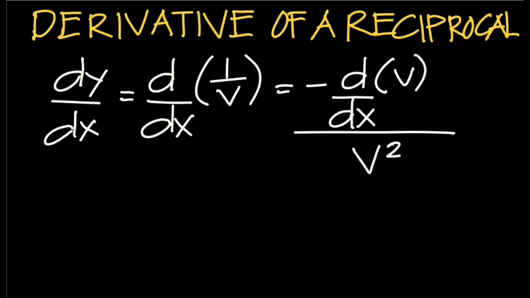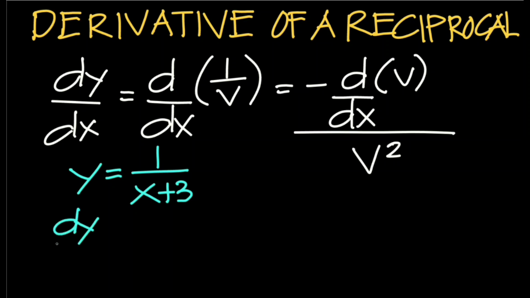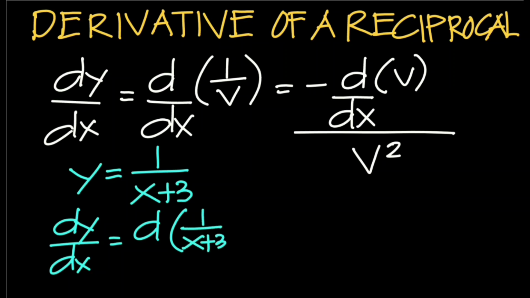Now let's try solving some examples here. So let's say we're given this function y equals 1 over x plus 3. Now we need to find the derivative of y with respect to x. So dy over dx is just equal to the derivative of 1 over x plus 3 over dx.